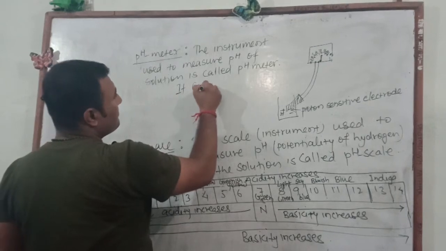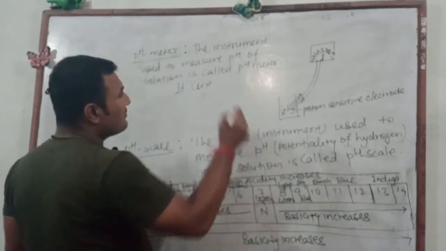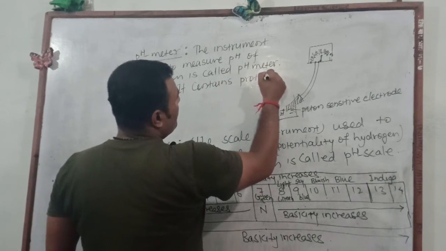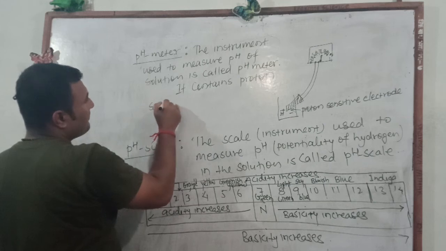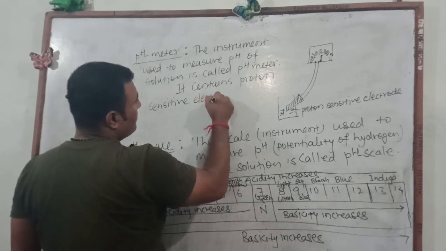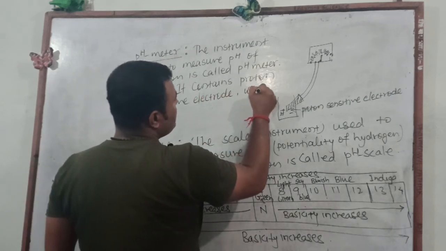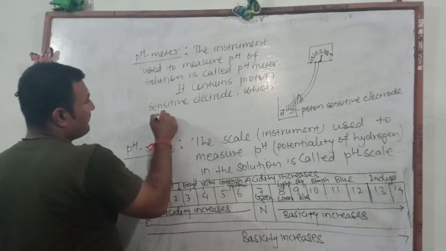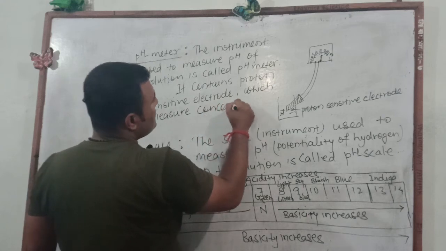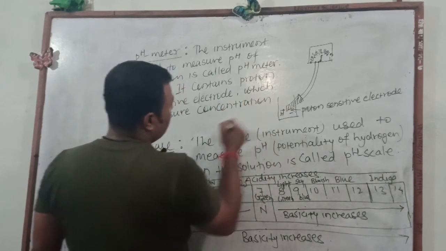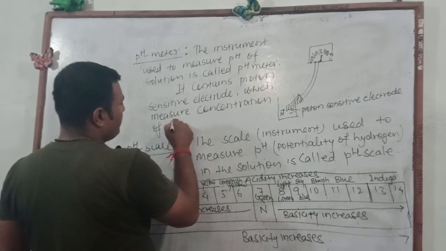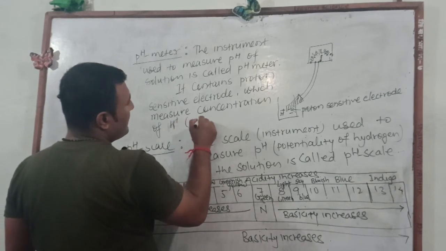How does it measure that concentration of hydrogen? It contains a proton sensitive or receptor electrode which measures the concentration of H plus or hydrogen ion.